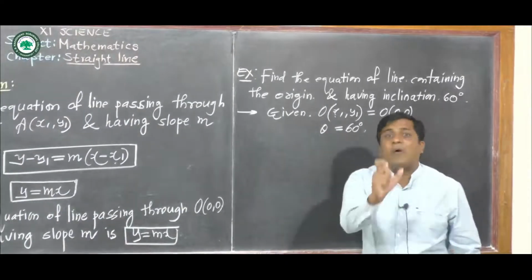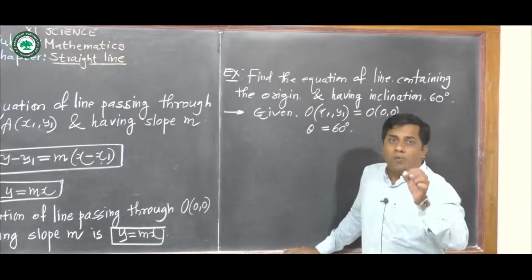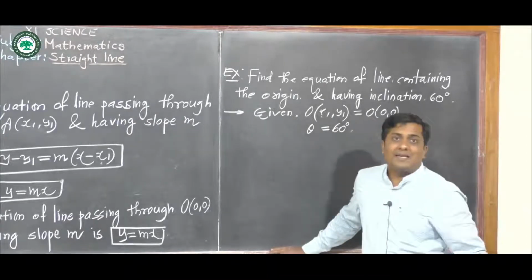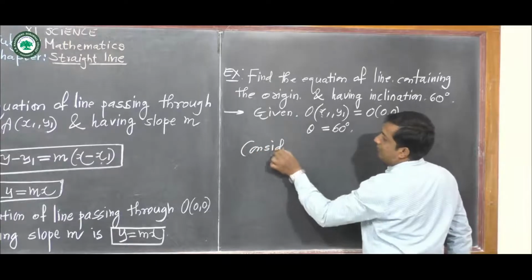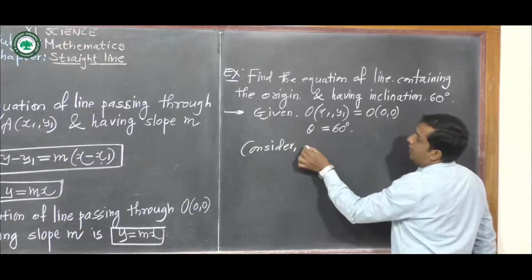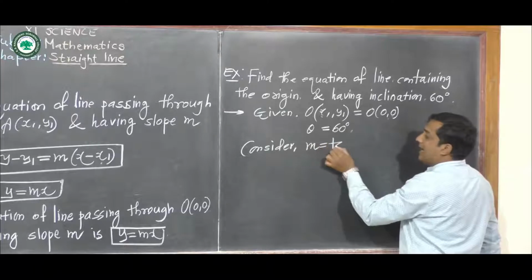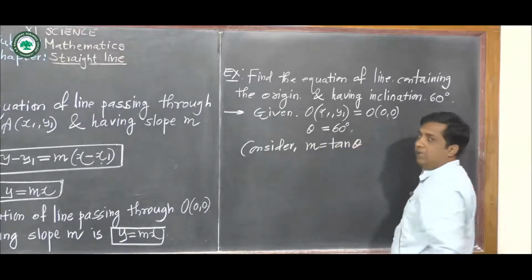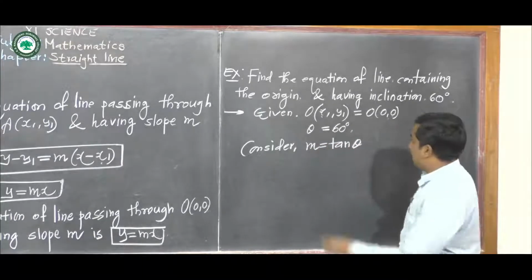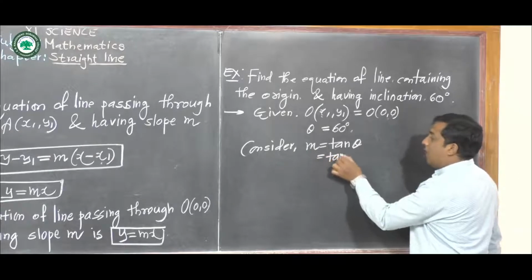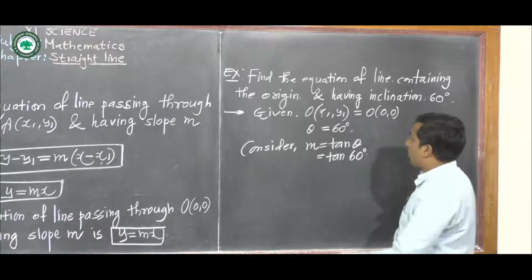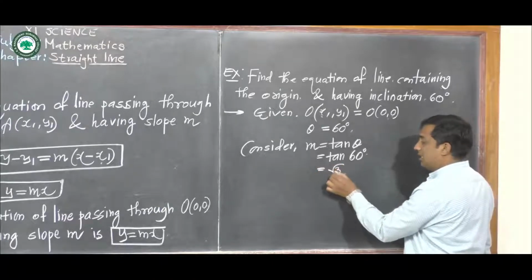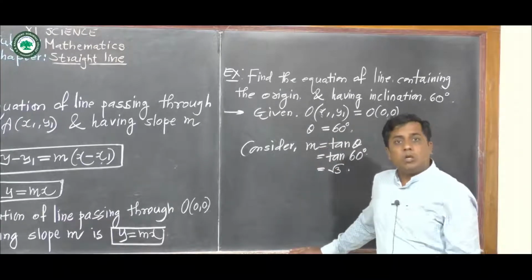We know m is equal to tan theta to define the slope. This is equal to tan of 60 degree, and we know tan 60 degree is always root 3.